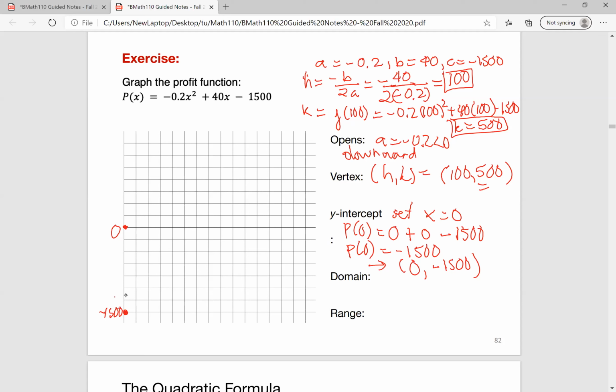So I need to know the scale. I may say negative 1500 divided by 1, 2, 3, 4, 5, 6, 7. So then you will have 1500 divided by 7. Oh, that's not a good number.